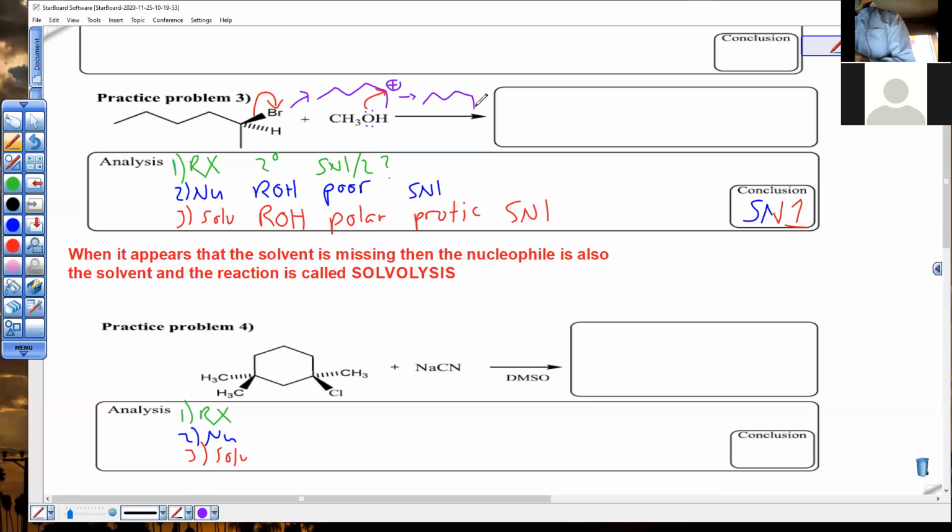And you get a 50-50 mix of R and S. How come? Because carbocations are flat. And this is not the final product. Please don't put strong acids as final products. What does strong mean? That's a pKa of -2. It's an oxonium. Strong means it's going to react.